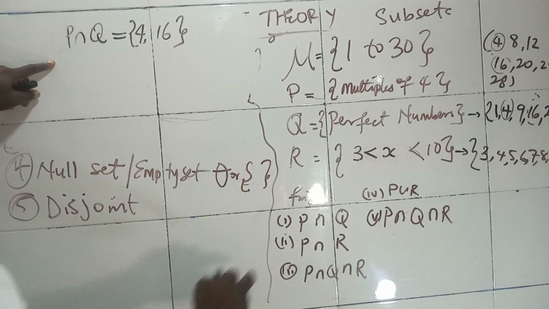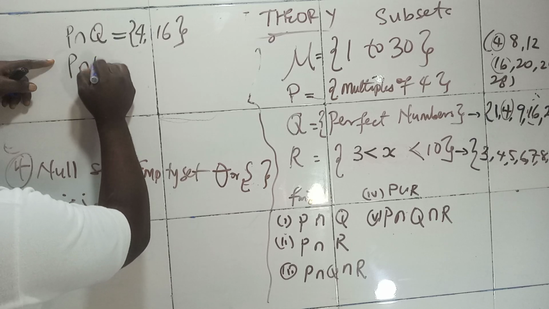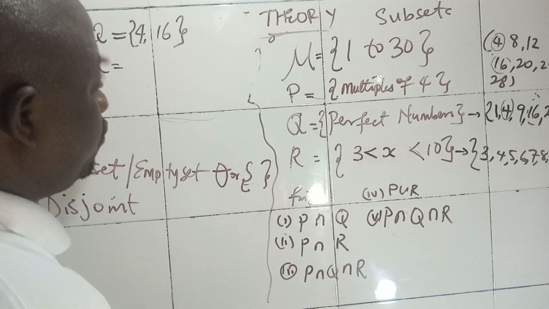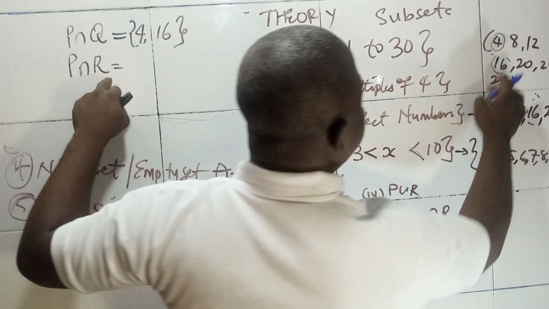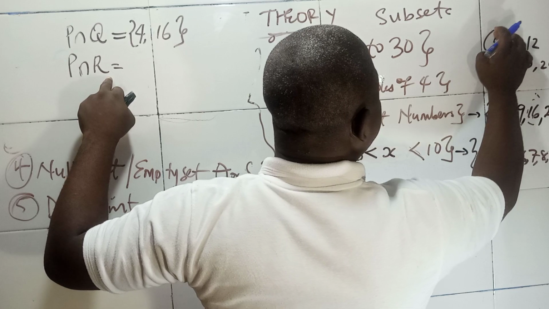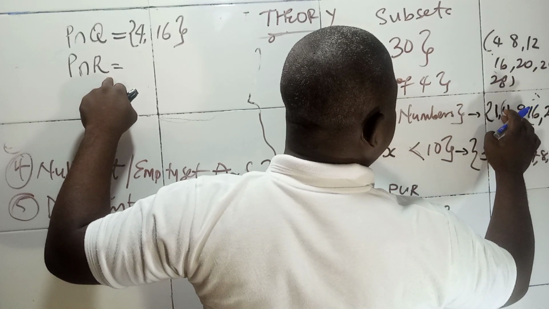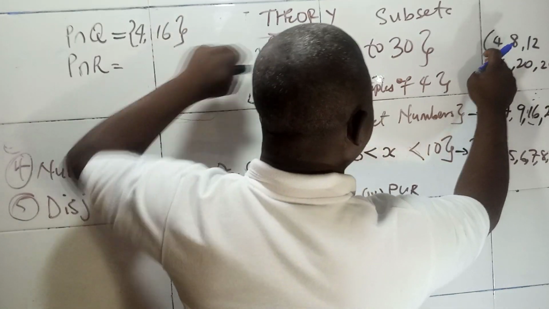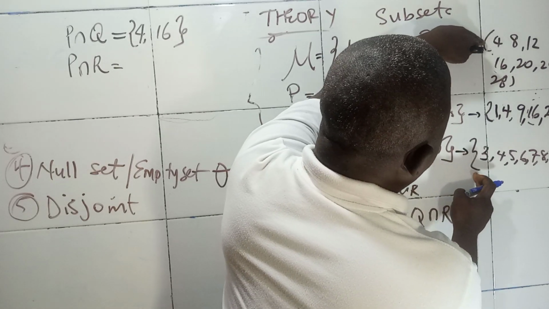So the next one is P intersection R. What can I find in P and I also find in R? That is P intersection R. So you now go to P again. So this is P. Then you now go to your R. This is P. And this is R. What do you have in P and you can also find in R?